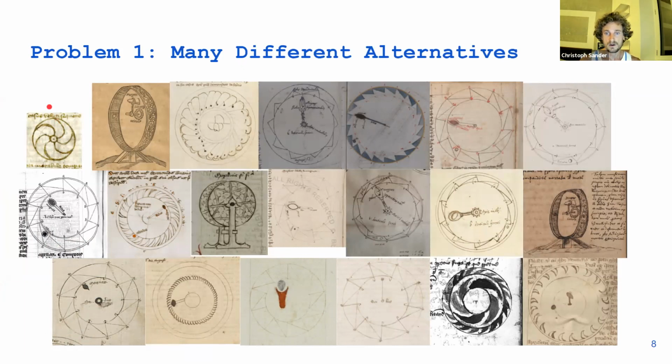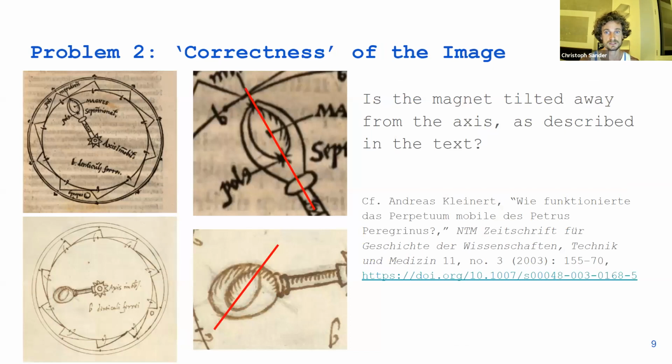So how does the editor actually choose which one to pick? Does he take the oldest, or should he take the most beautiful one, or the most complex one? So what is the criteria? And with the choice he made, there is another problem, not just leaving out all the other images by deciding for one. The image he took has a problem in itself.